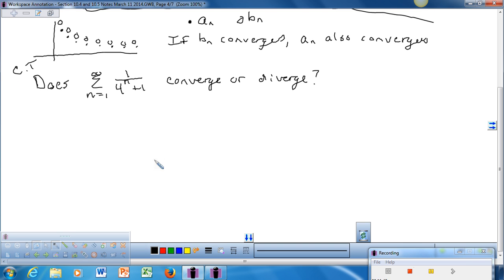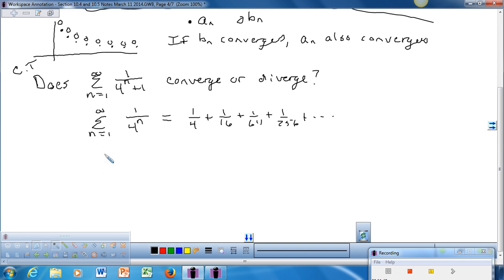So I am going to compare that series to one that's very easy to work with and that would be related to this, 1 over 4 to the n. So let's write out a few terms of this series. What would they be? 1 fourth plus 1 16th plus 1 64th plus 1 256, and so on.